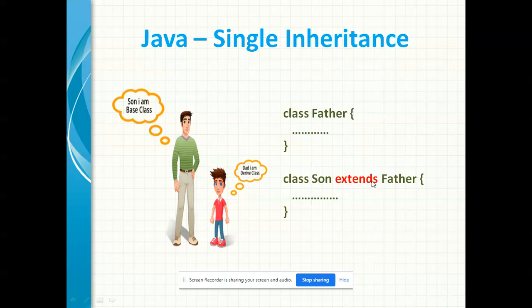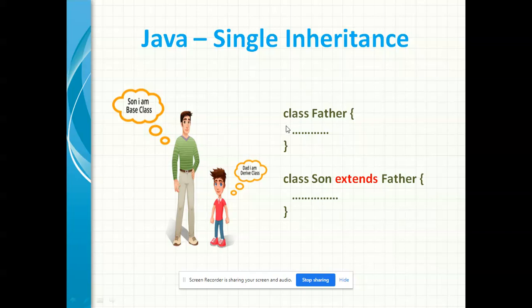How to achieve inheritance in Java? I will use the keyword extends. So finally, Son gets the functionality from the Father, as well as Son comes with its own functionality.